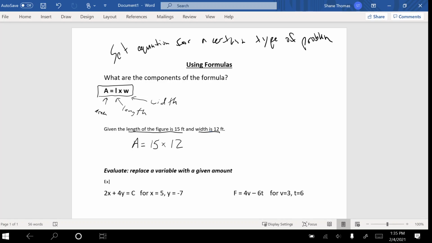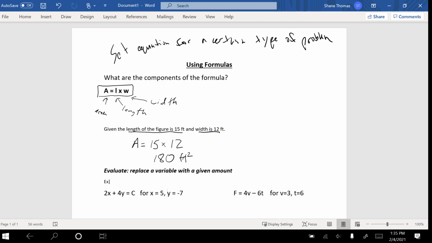That's it. What's 15 times 12? 180. Now in this problem, we have feet, right? So this would be feet squared in this area. So then will we take the 180 and square root? Nope. You're done right there.